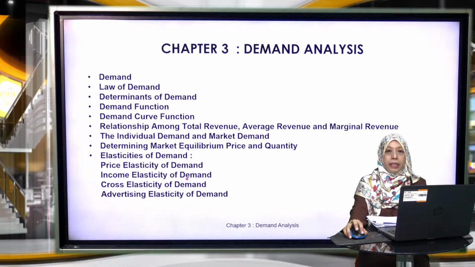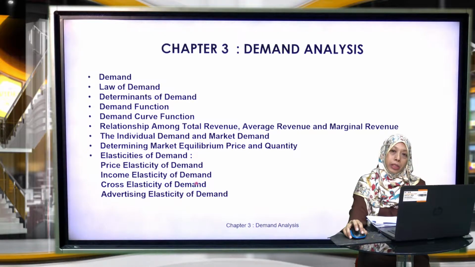In this section, we would like to see how sensitive demand is when the factors influencing it change. We understand that in the previous lecture there are so many factors that influence demand, ranging from price of the product itself, price of competitors' products, income level, advertising, and many other factors.